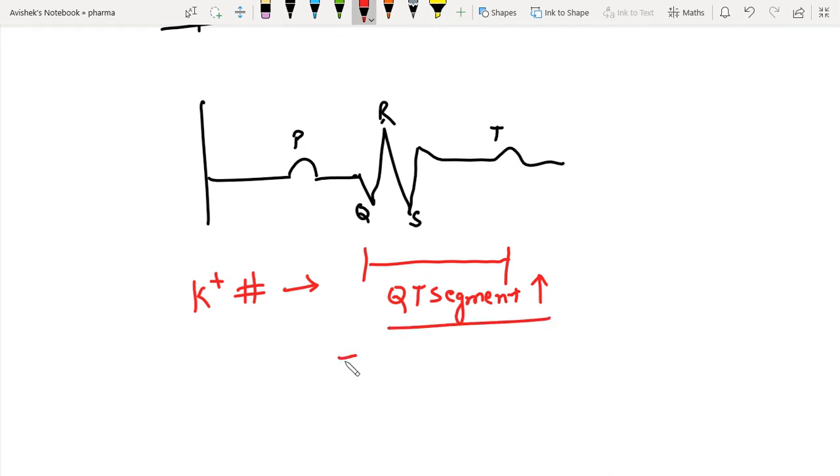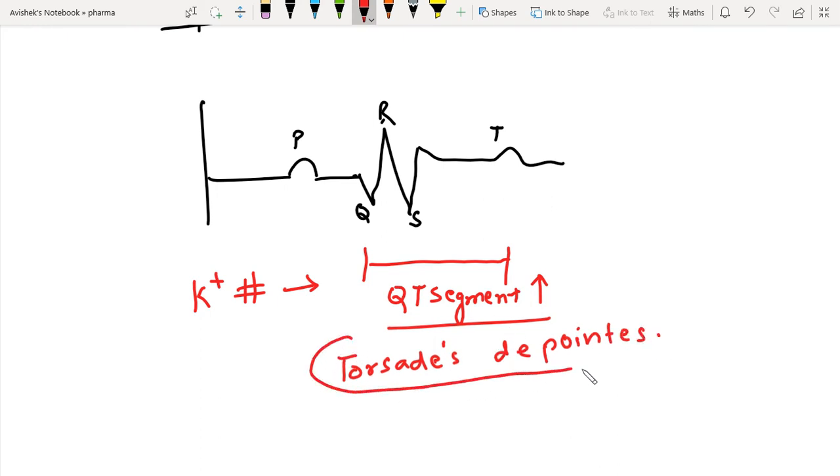Increased QT interval, this is torsades de pointes. Sodium channel blockers can cause torsades de pointes, increase QT interval.